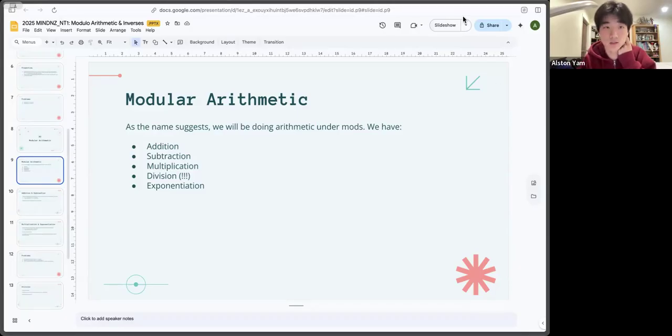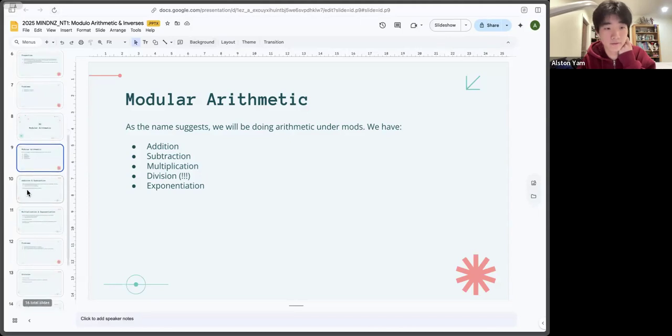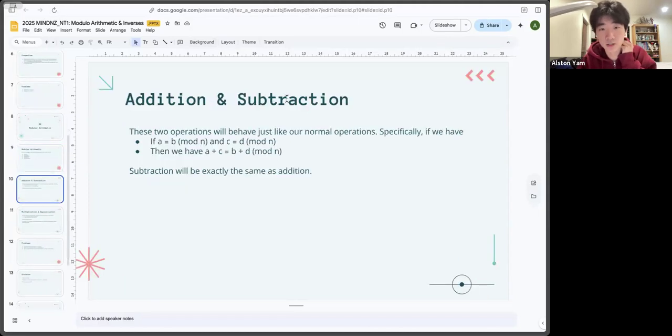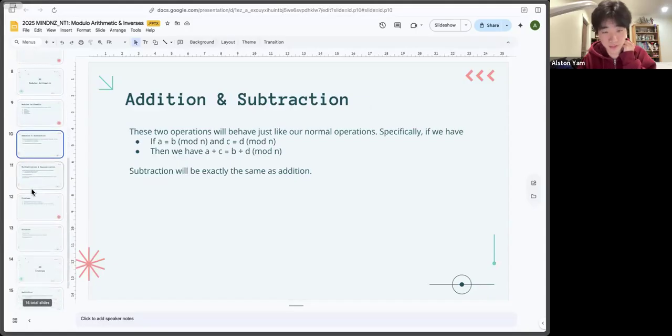So let's just go over these real quick. First thing, addition and subtraction. Underneath mod arithmetic, we can basically do addition and subtraction.